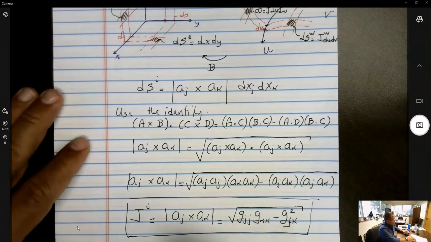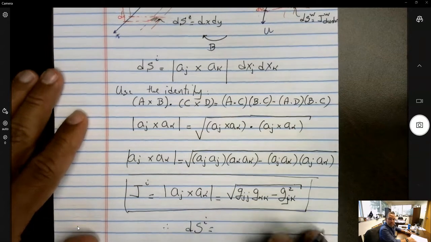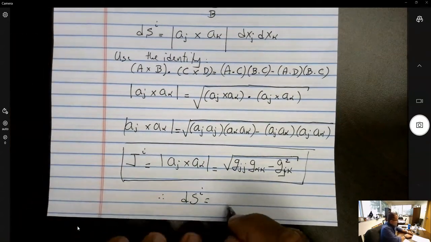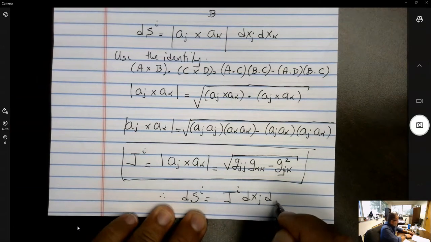So this is the Jacobian of the surface transformation, which simply implies that the ith differential surface is the ith Jacobian times the other two coordinate differentials, J and K.